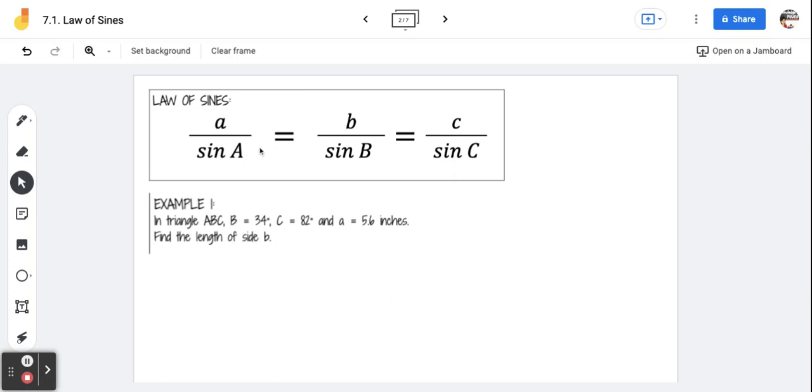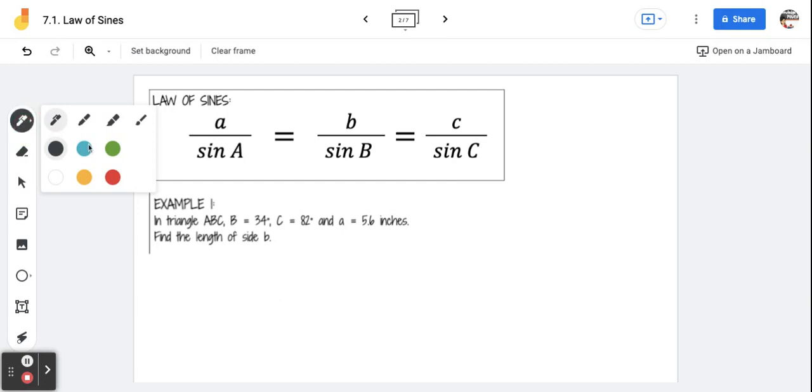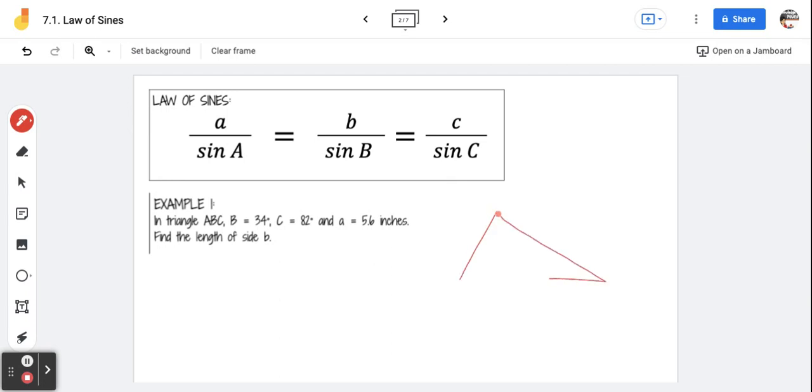So, all right, let's look at the example we have in example 1 here. Let's see what we're given. All right, let me just sketch the triangle ABC. So it gives me that angle B is 34 degrees, angle C is 82 degrees, and side A is 5.6. So I'm just going to draw a triangle here.